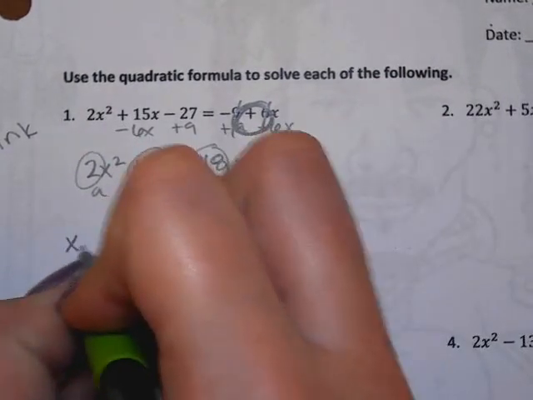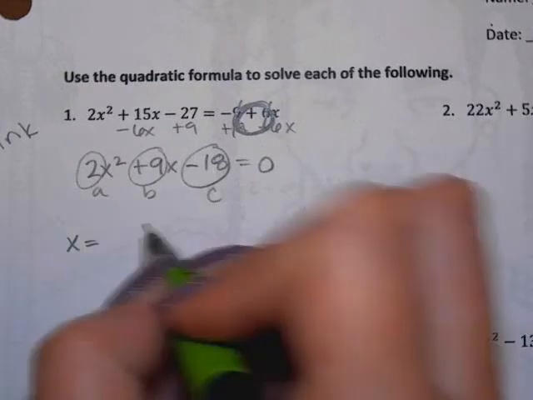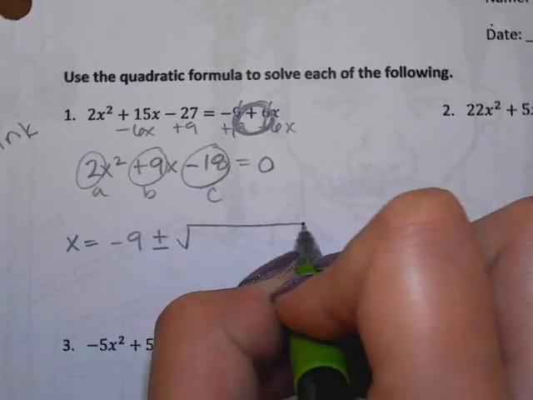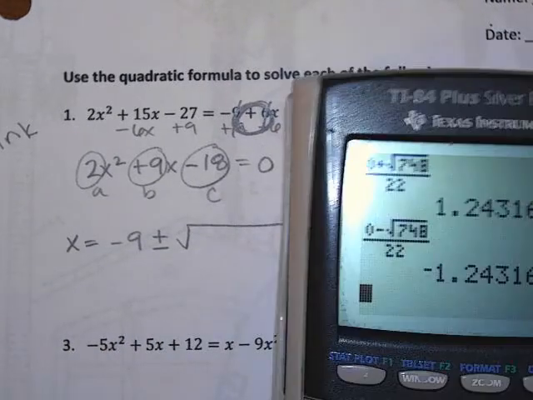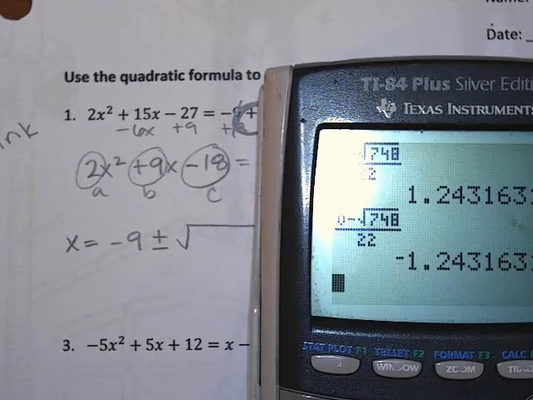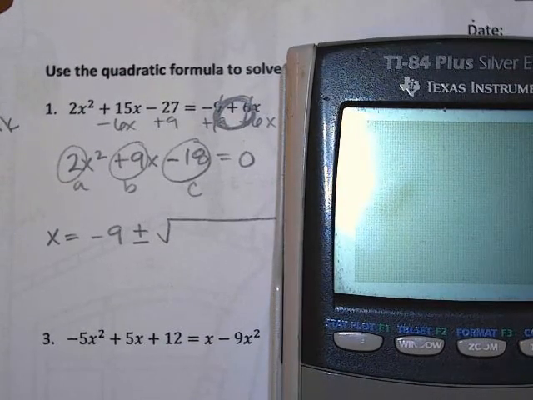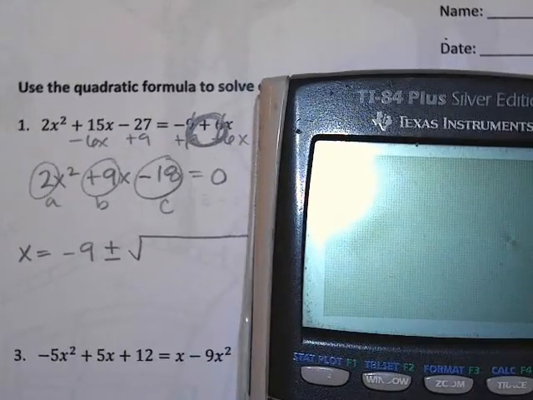So, x equals, then what do we have? -9 plus or minus. Okay, now this part, are you guys okay with us shortcutting this a little bit? Instead of writing the discriminant, I'm just going to type it in my calculator. Are you okay with that?